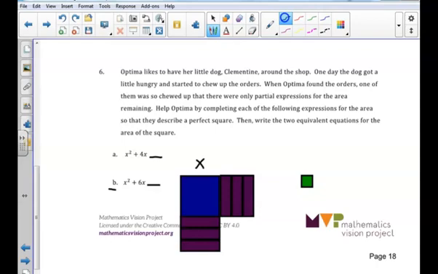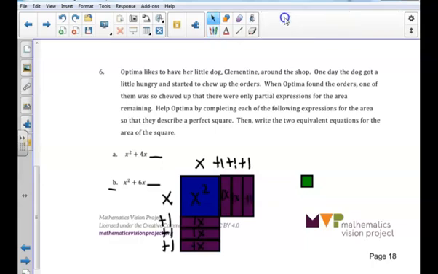Keep in mind this is an x by x, an x squared area, and we have 6 total x's. And we would need to add these constant squares to make it a perfect square.